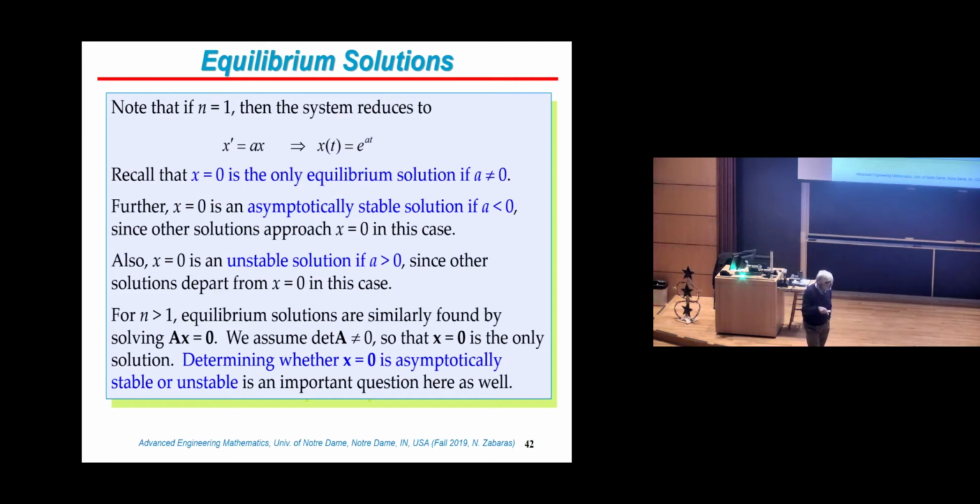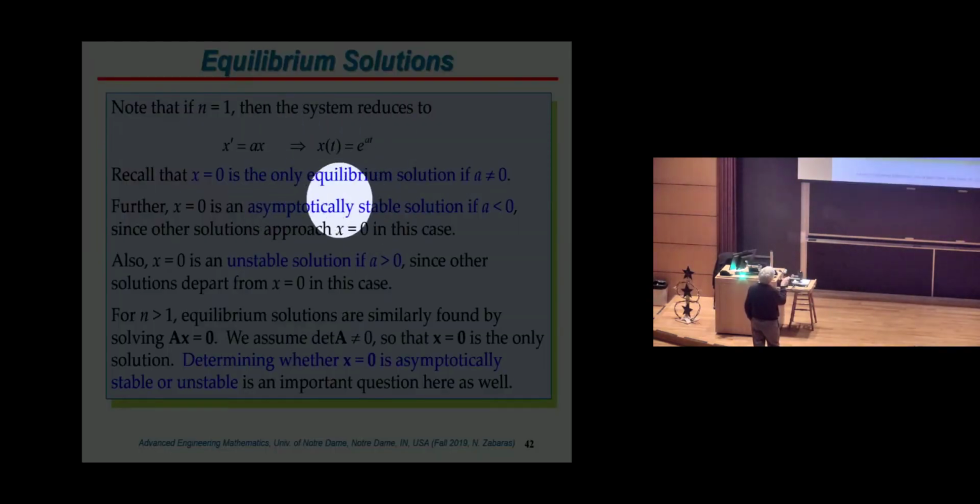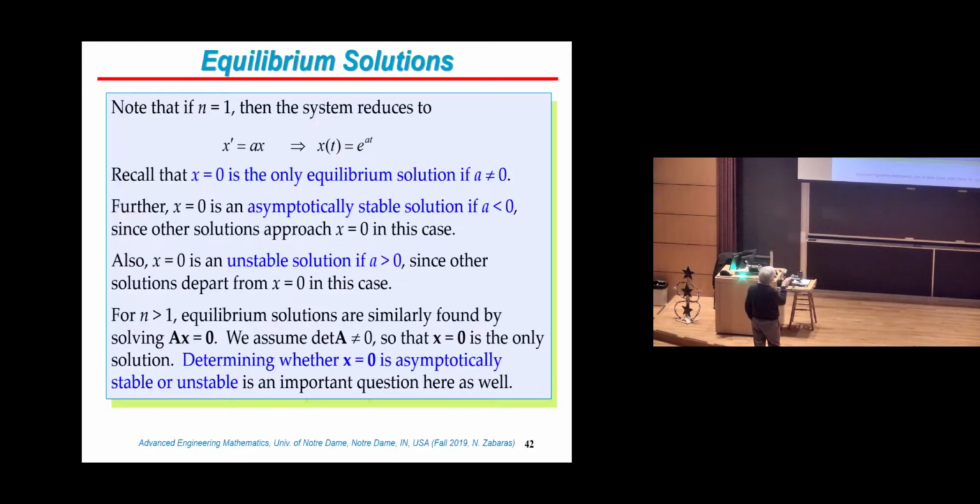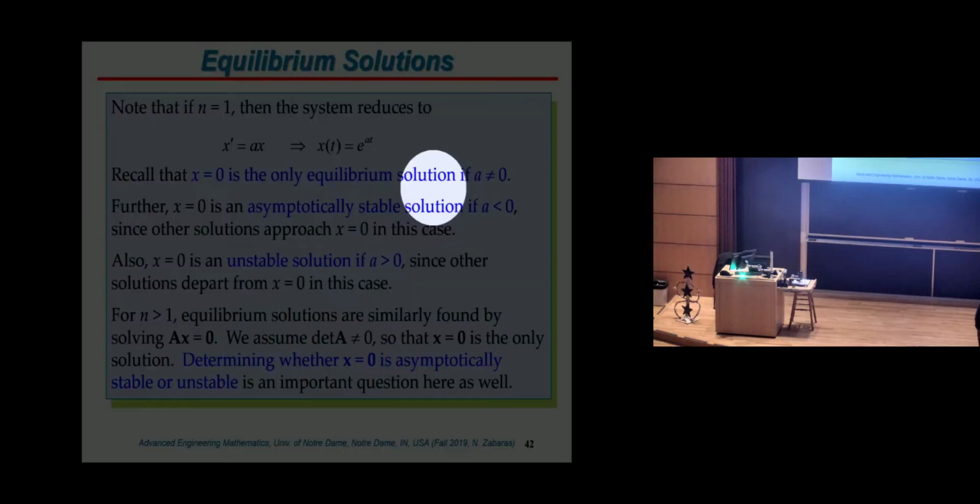For a negative. If a is negative, as t goes to infinity, the solution will go to the equilibrium point, which means that we have an asymptotically stable solution. Asymptotically means that as t goes to infinity, my solution approaches x equal to 0. Now, if a is positive, obviously, what happens to the solution?